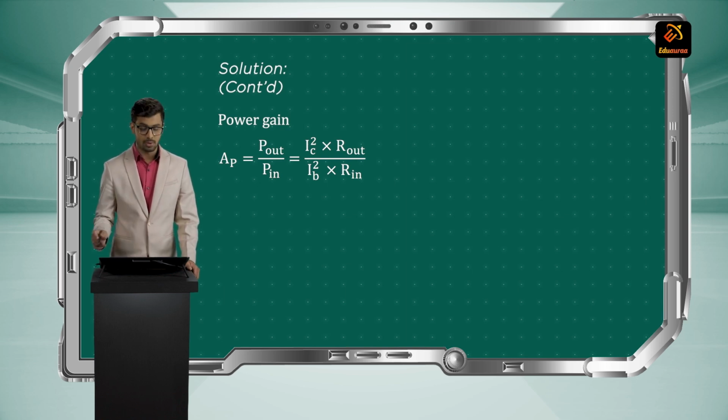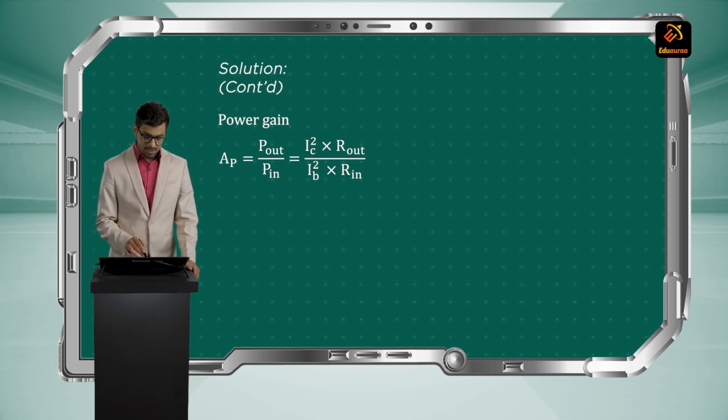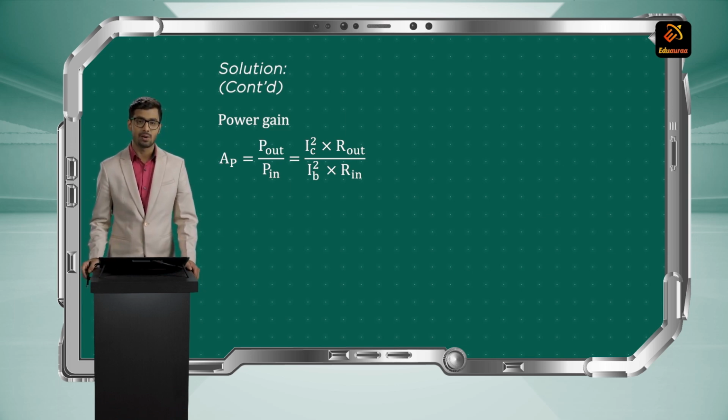Output power is output current squared into output resistance, so IC squared into R_out. P_in is the input power, which is IB squared into R_in, where IB is the input current. Taking the square common, IC upon IB is again beta, so the formula becomes beta squared times R_out upon R_in.